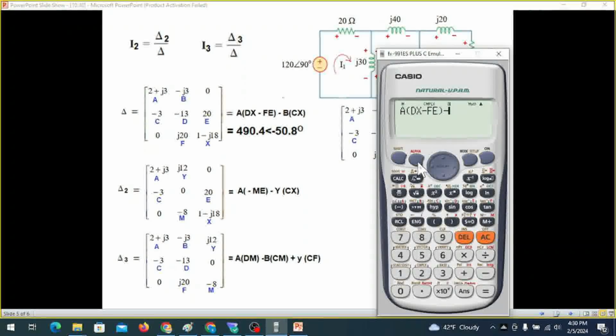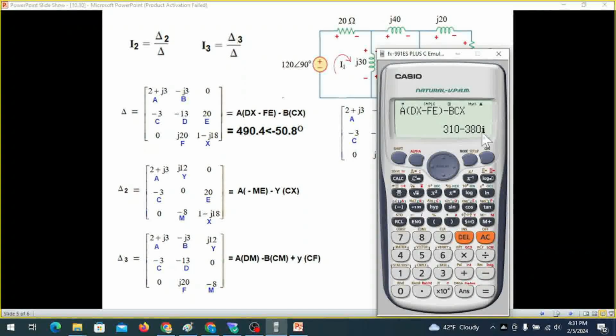So minus alpha B, alpha C and alpha X. Since there is nothing else, there's no need of writing this bracket. Okay, so this is done. Now we press equal sign.